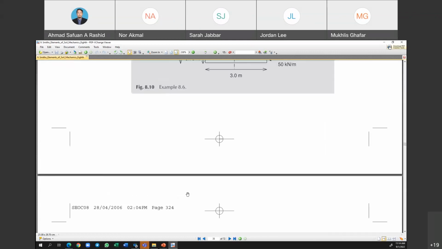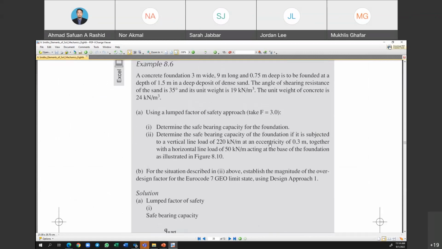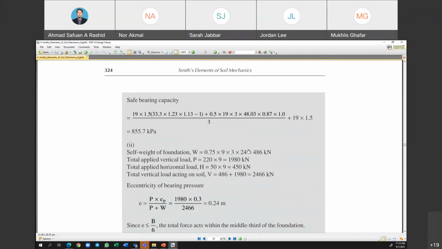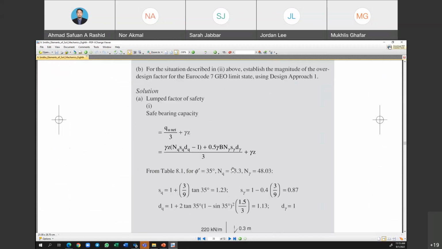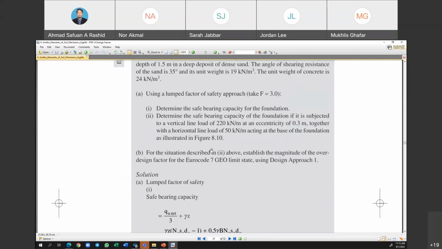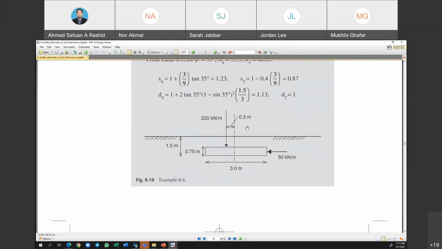Then for number 2, due to the eccentricity and the inclination of load, we just start to calculate the total applied load P equal to 220 times 9, and the total applied horizontal load, 50 times 9, because it is acting on 9, it is per meter run.